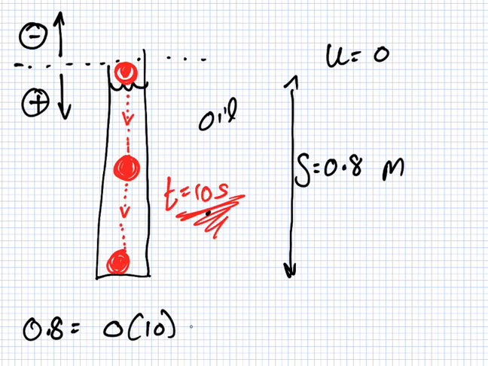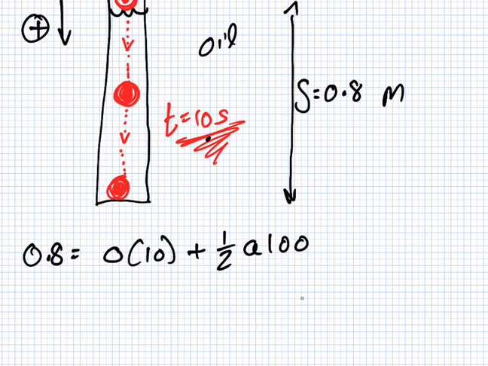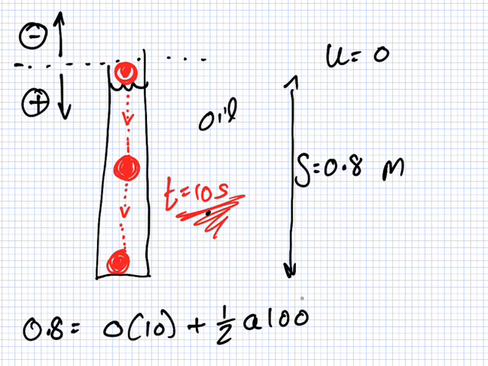s equals ut plus a half at squared. So let me see, that's 0.8 divided by 50. Now, listen, what should the a be? If I drop it, what should the a be?